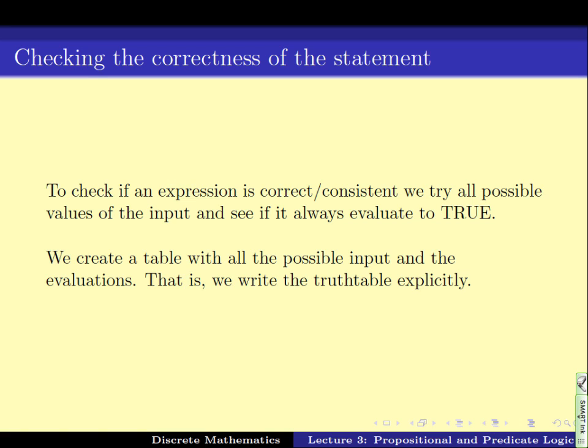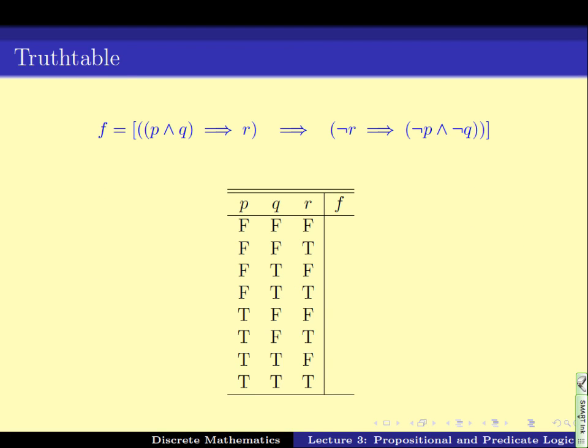One way of doing it is to write down the truth table of the equation exactly. That means for all the possible choices of P, Q and R set to true and false, so there are 8 of them, does the function f, which is this function on top, evaluate to true?